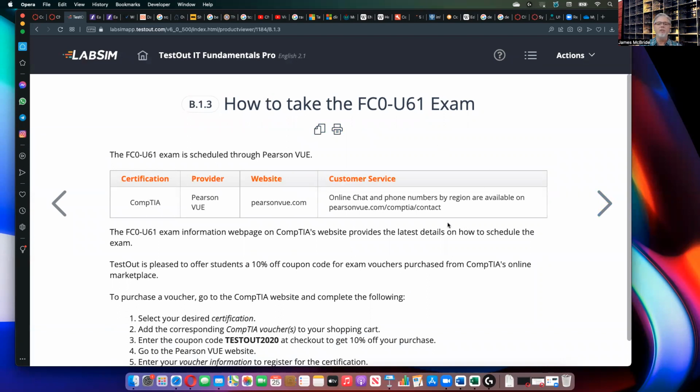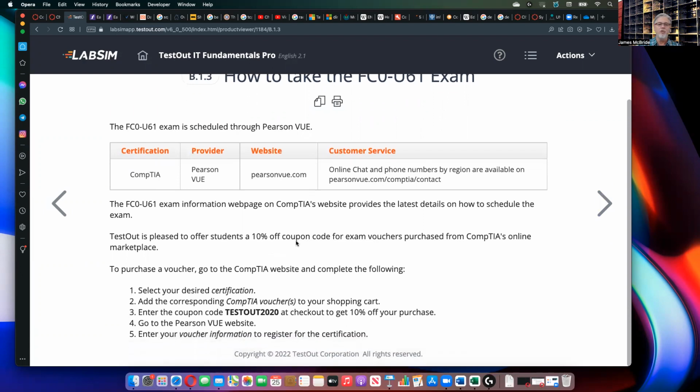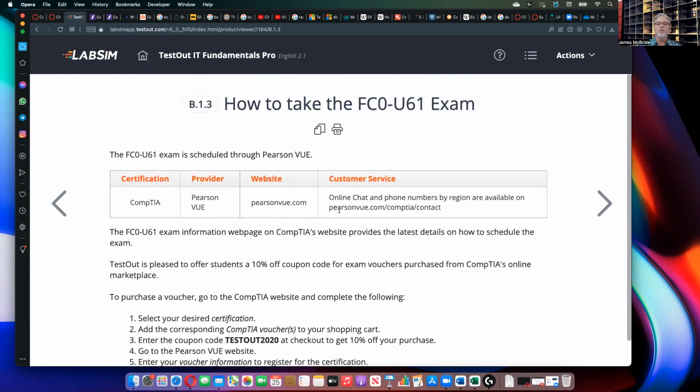So I'll always have questions of people saying, okay, so how do I actually get this information? I've got a video that will show you how to get a voucher, but basically here's your information on what you're going to have to do to actually schedule an exam. You're going to be using Pearson VUE to do that.